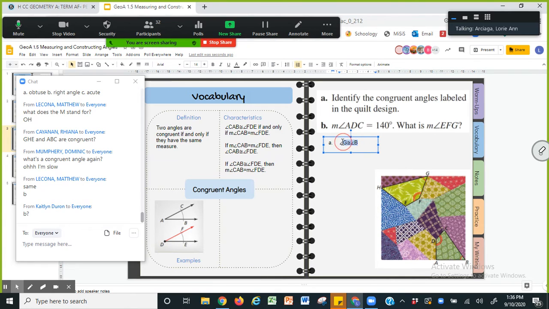Now, if you want to name them in another way by using 3 letters, let me just put that. So you place, could be F in front. So F, G, H. The letter G is still in the middle.